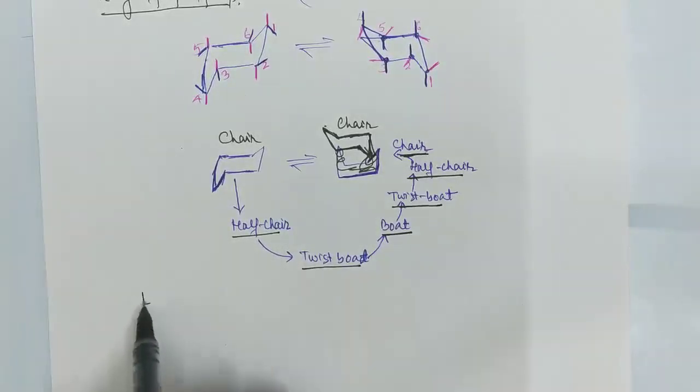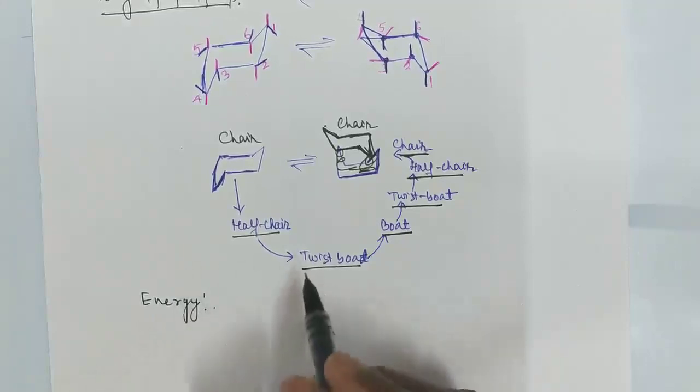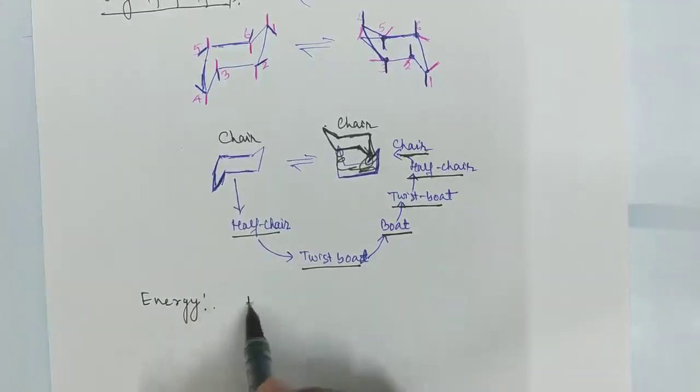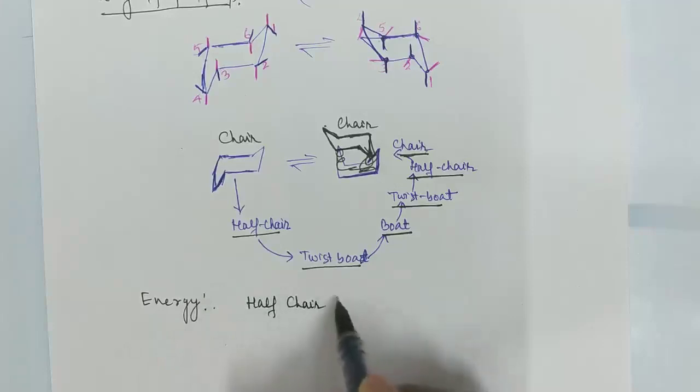So how does the energy vary here? Half chair has maximum energy.